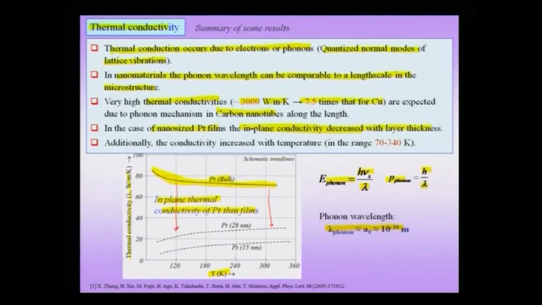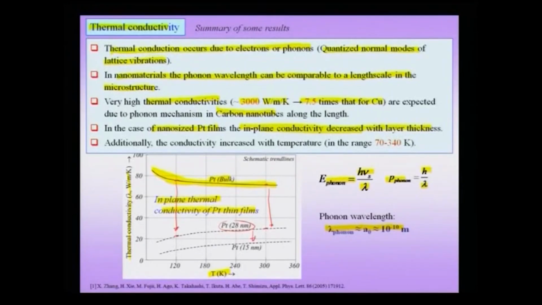You can see that for a 28 nanometer film, at a temperature like 120 Kelvin, it is about 20 and this is slightly less than 80. So, there is a considerable reduction in the thermal conductivity at any given temperature, and even at a higher temperature, 300 Kelvin, this is about 30 and this is about 70. So, it is more than double, or 2.5 times reduced with respect to the bulk value.